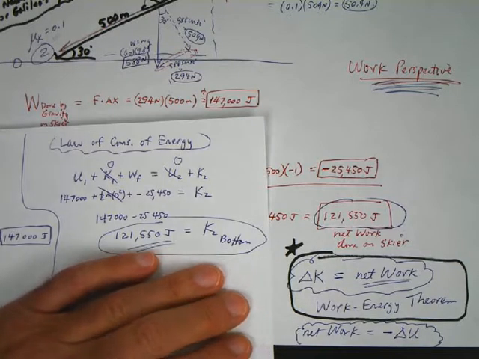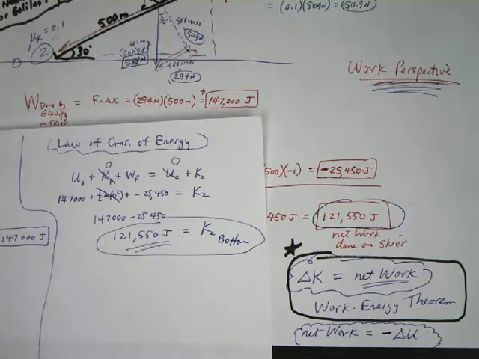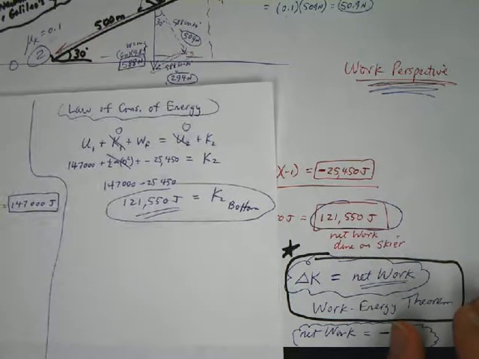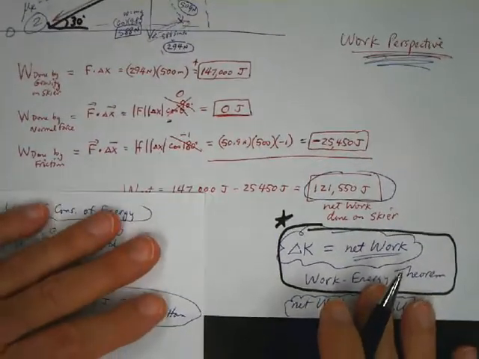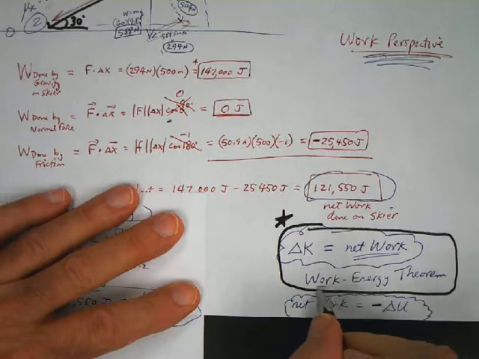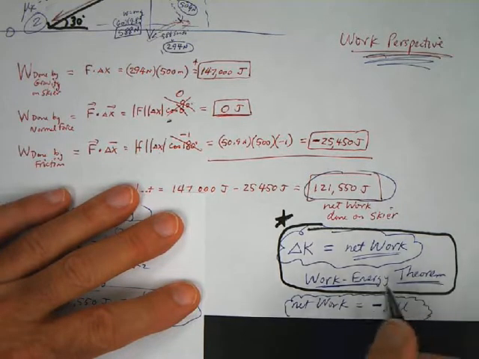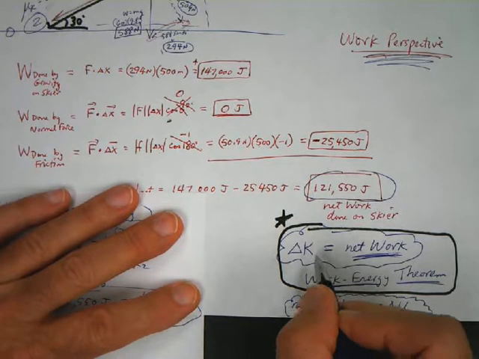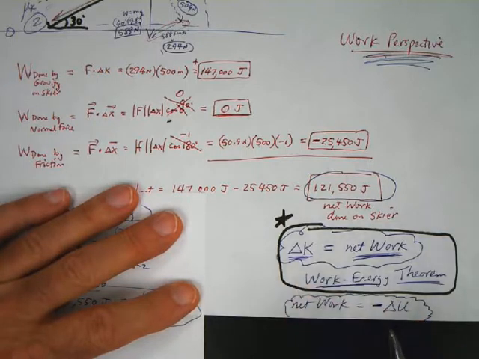Okay? So we found the kinetic energy. We also found that there's a very important relationship called the work-energy theorem, which says that the net work results in a change in kinetic energy, a positive change in the kinetic energy, or a negative change in the potential energy.